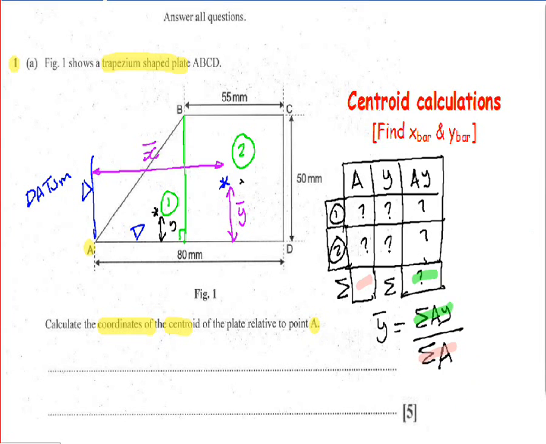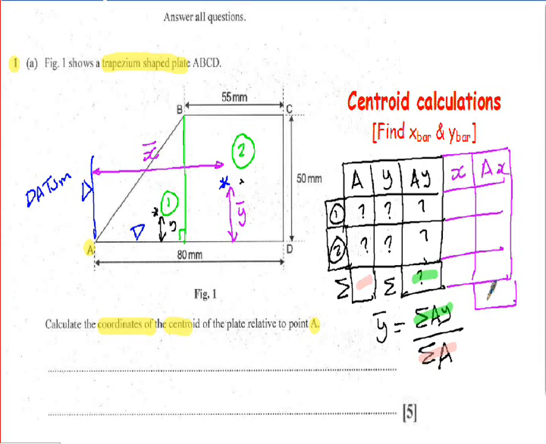And we do a very similar thing for the x bar. It's just that with the x, we have to use, obviously, the x value. We extend the table here, and we have to use the x value, and we calculate the ax value. So again, you do a summation of the ax values in here.